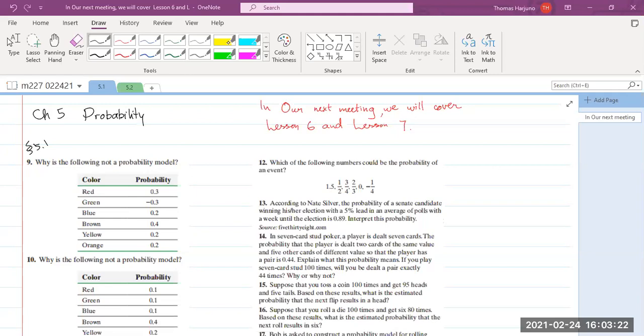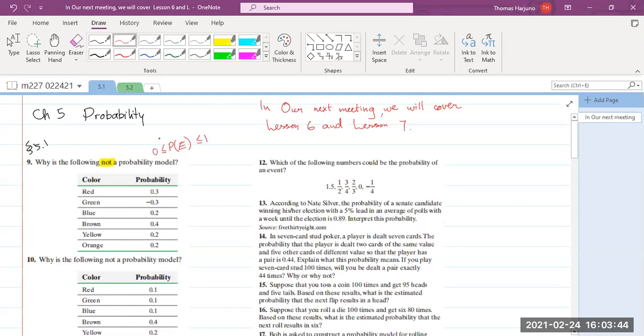Number 9, why is the following not a probability model? One of the properties in our probability is that the probability of any event will be between 0 and 1.